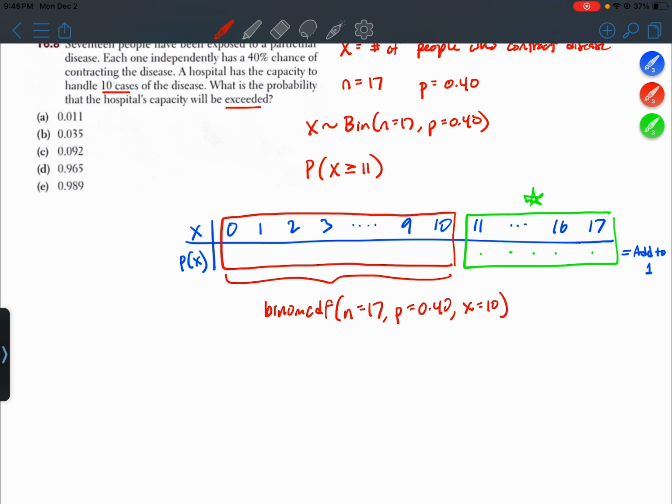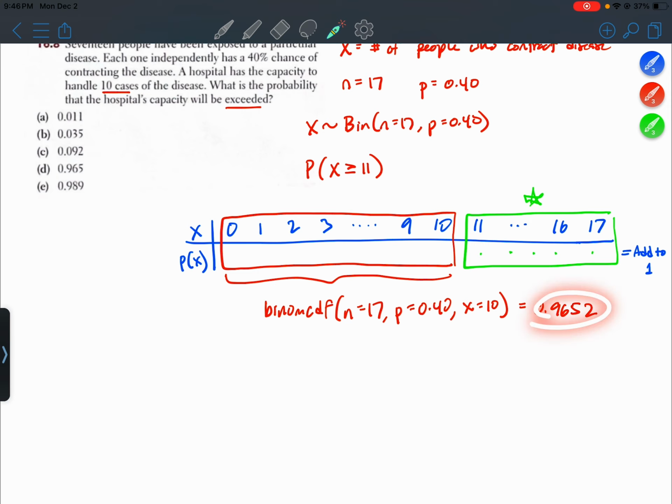Trials, probability, and the boundary value, in this case 10. Okay, I'm going to type in those values first, and then press enter, and it tells me the probability is 0.9652. I rounded that.